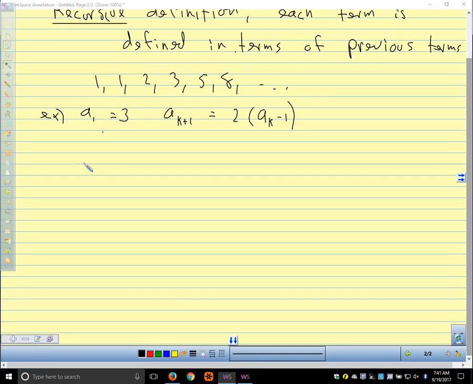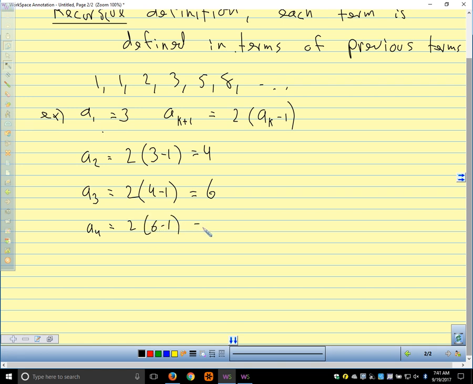So a sub 1 is 3, a sub 2 is 2 times 3 minus 1, which is 4. a sub 3 is 2 times 4 minus 1, which is 6. a sub 4 is 2 times 6 minus 1, which is 10, and we can go dot, dot, dot.